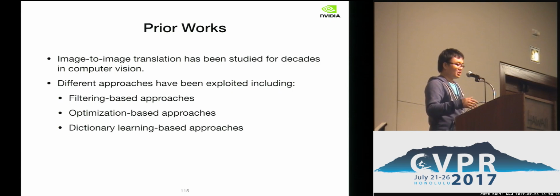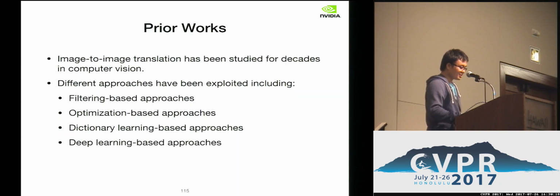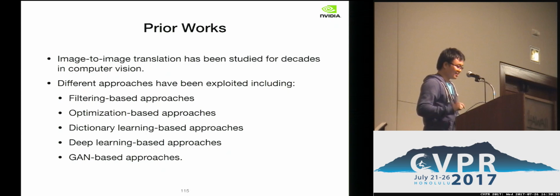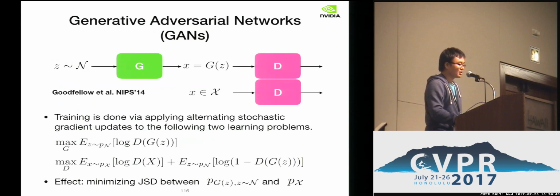You can also do dictionary learning. In the last few years, people tried to train deep networks with corresponding data to generate the corresponding image directly in a feed-forward approach. And now, recent work has shown that the GAN-based approach is a quite promising direction to solve this image-to-image translation problem.